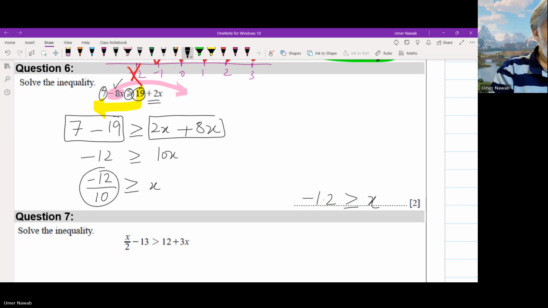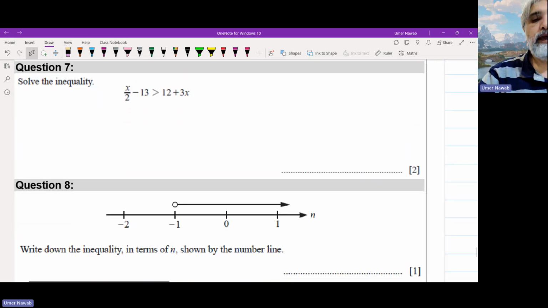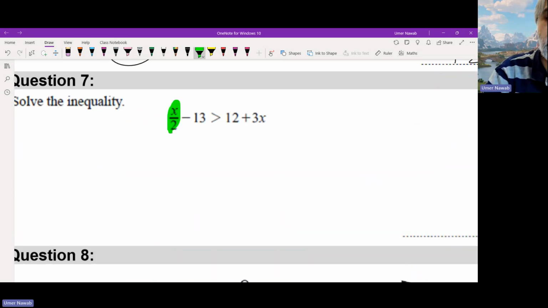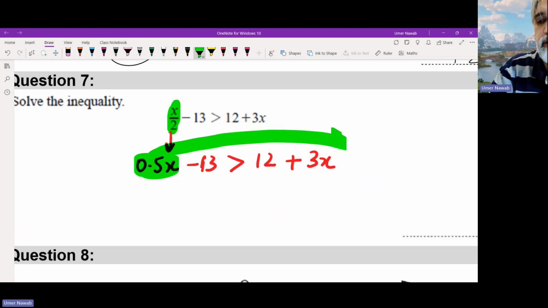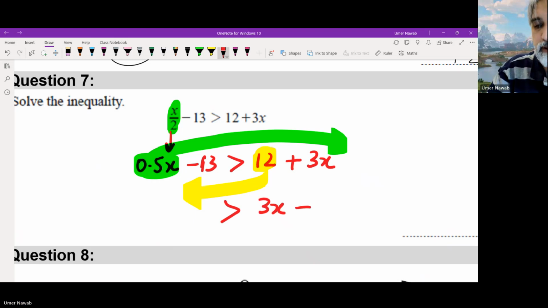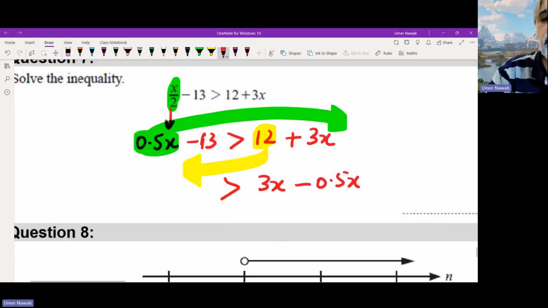Okay. So let's move to the next target. We have here x over 2, which means 0.5x, negative 13 greater than 12 plus 3x. As per our previous exercise, we always go for a positive x term.